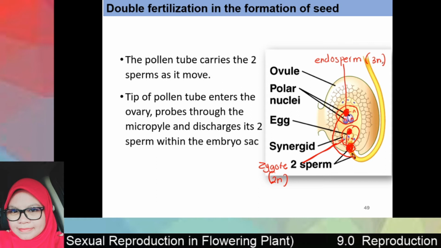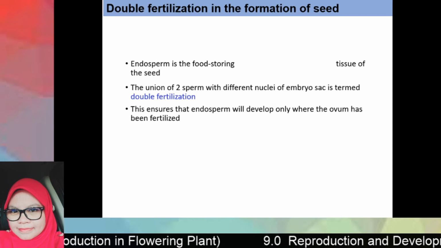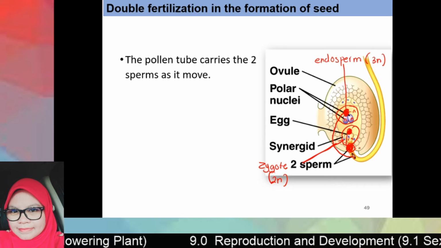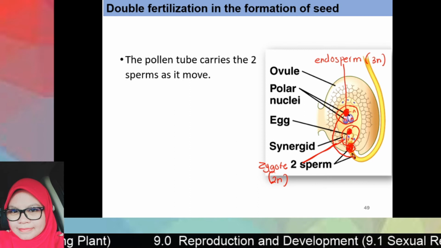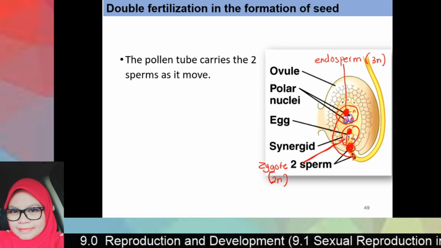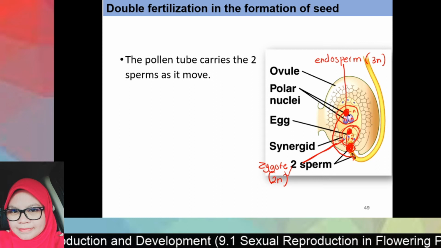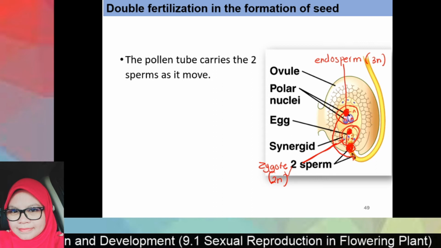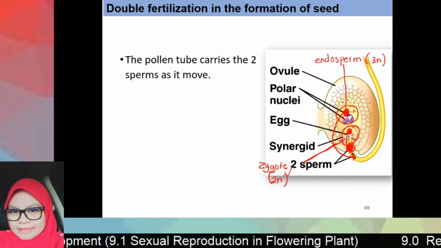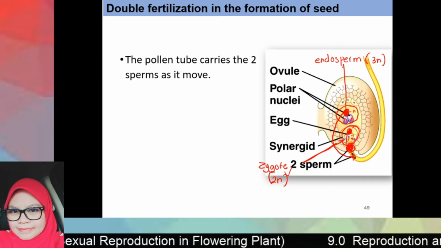When the question asks what is double fertilization? Simple. Double fertilization is the process of fertilizing a haploid sperm with a haploid egg to produce a diploid zygote, and fertilization between a haploid sperm and two polar nuclei to form triploid endosperm.